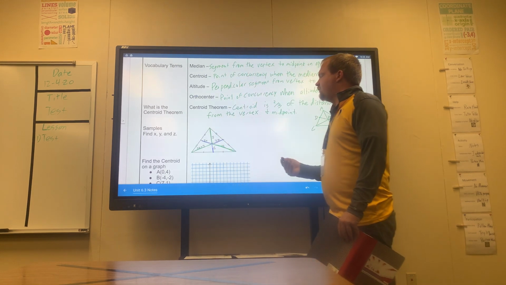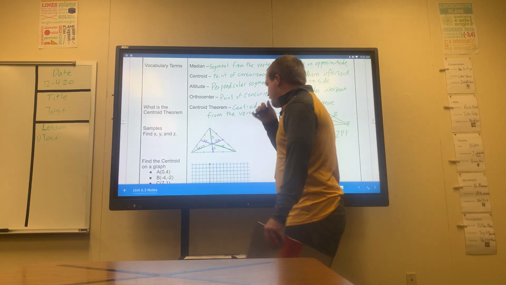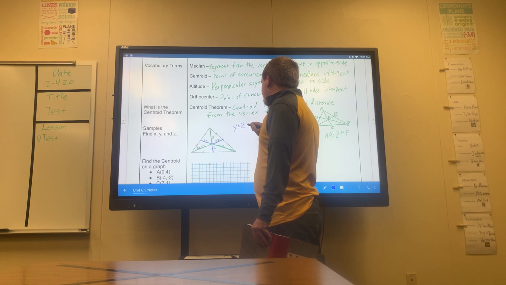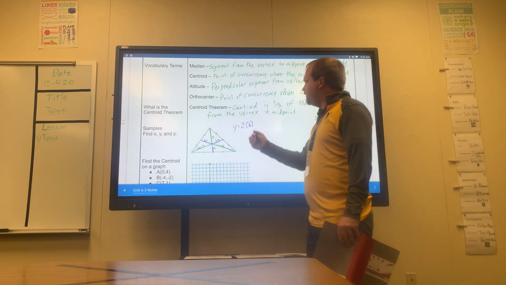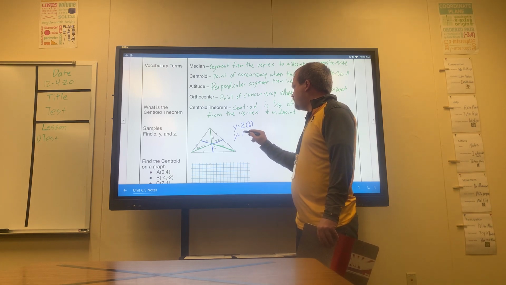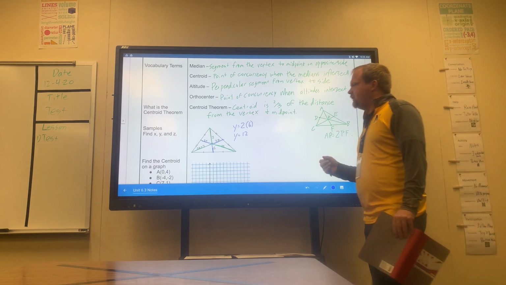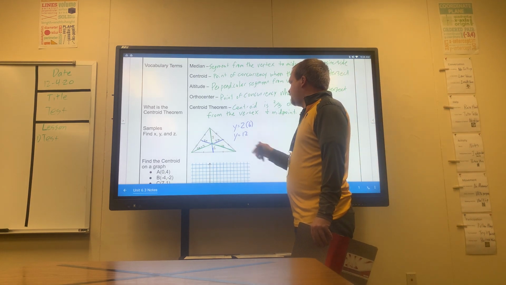For example, if I want to solve for each of these, let me solve for y first. I know y is 2 times 6. So if I double the 6, I get y equals 12. Now let's solve for x.